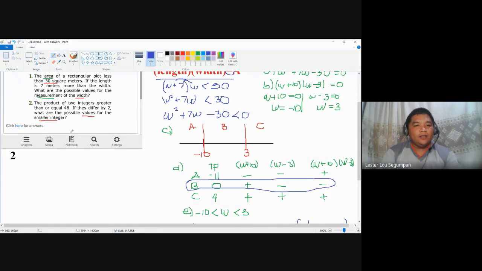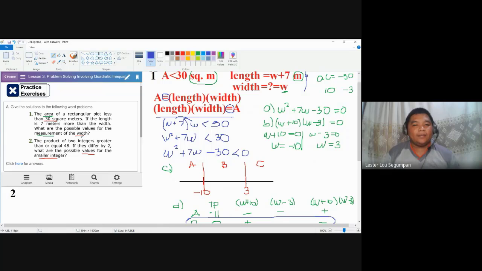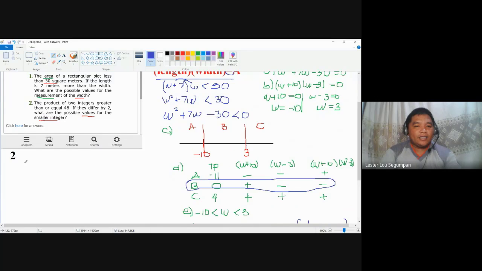Let us also consider number 2 here. We have here the product of two integers is greater than or equal to 48. So again, the product of two integers is greater than or equal to 48. Let us try to write its equivalent. Let's give the given.